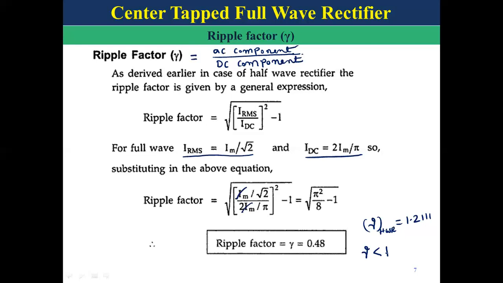That's why the gamma value is less than 1. So we can say the AC component present in the output is equal to 0.48 into the DC component in the output. Means there is very little AC component present in the center tapped full wave rectifier.